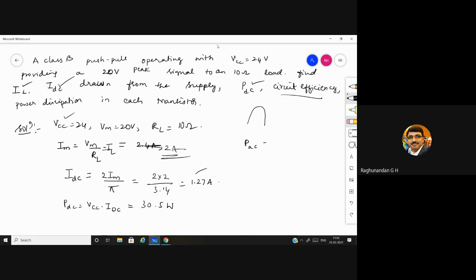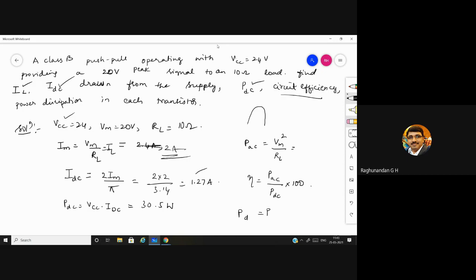PAC, we can find it by Vm square by RL. Simple formula, just substitute it. You'll get PAC. After that, circuit efficiency is PAC by PDC into 100. After that, the power dissipation they have asked.